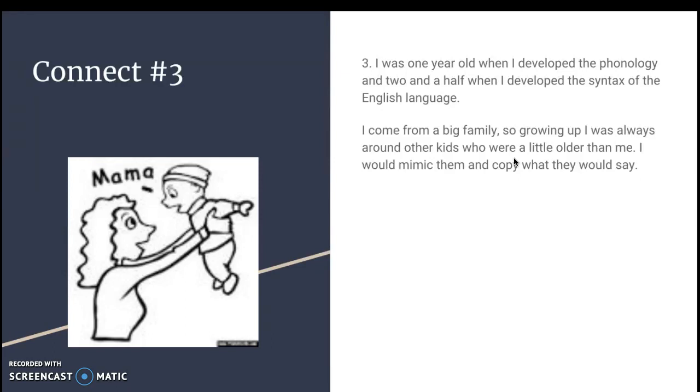Looking at this one, we decided to talk about how one particular student began to learn English.